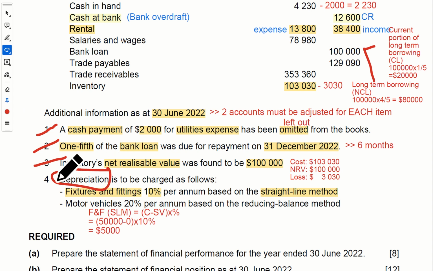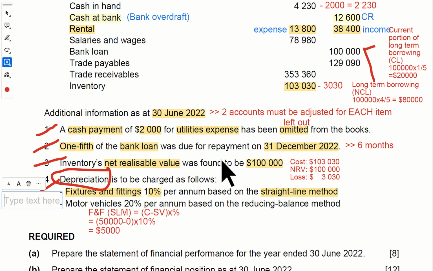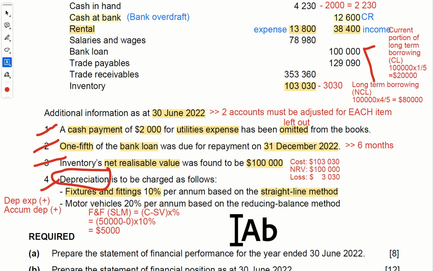Whenever you have depreciation, the two accounts that you are going to record in are depreciation expense increase and accumulated depreciation increase. So we are going to make these two adjustments.